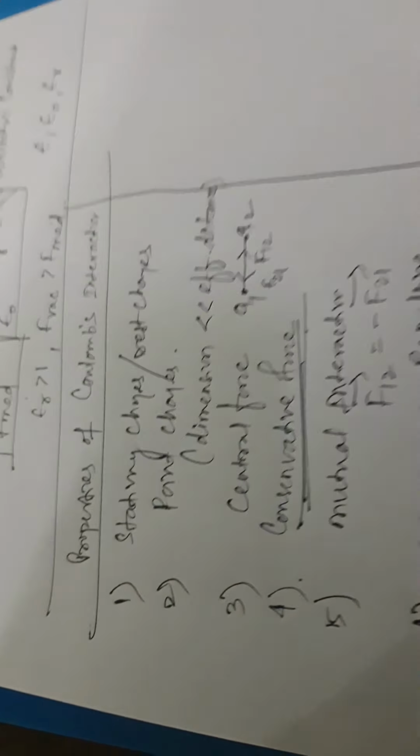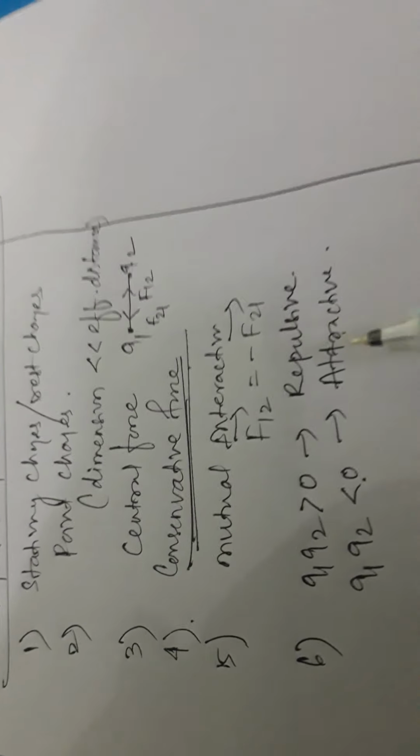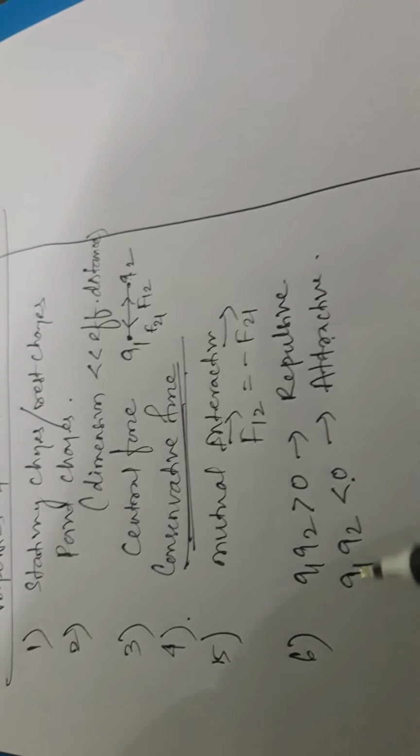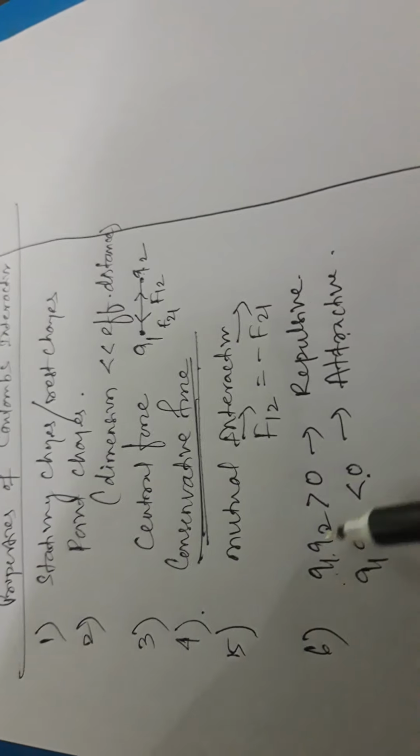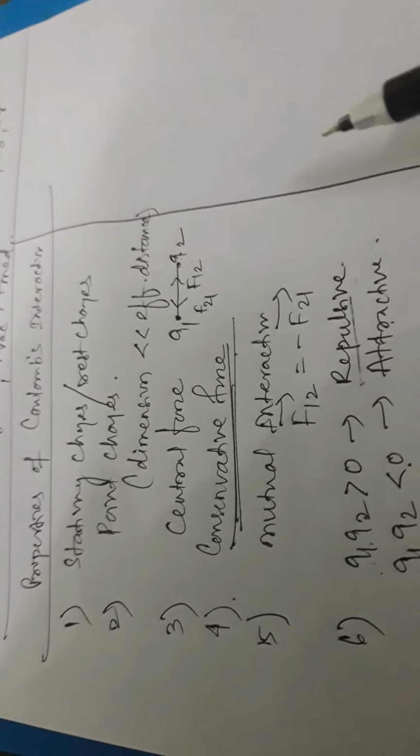Because if one is a plus and another is a minus charge, then the product will be negative, so it will be an attractive force. If both charges are either plus or minus, then the product will be positive, so that's why it is repulsive.